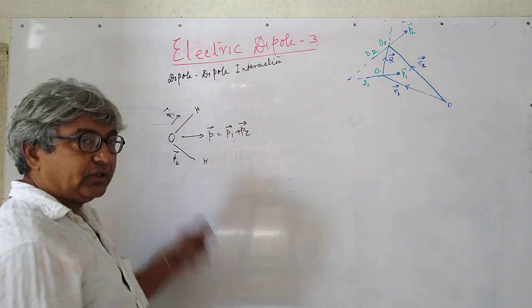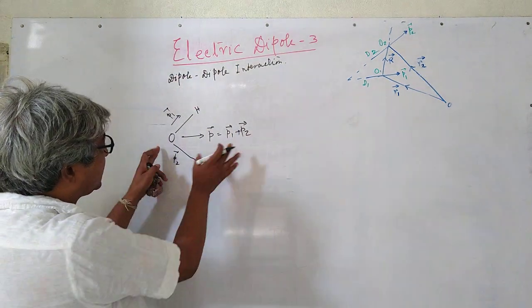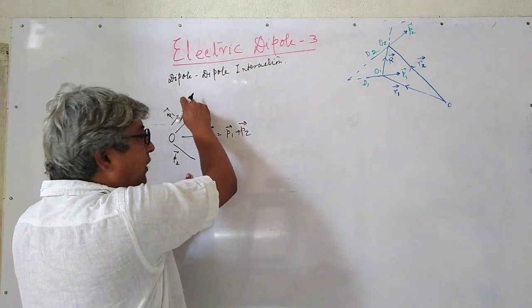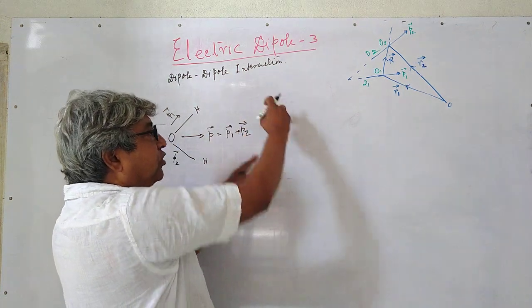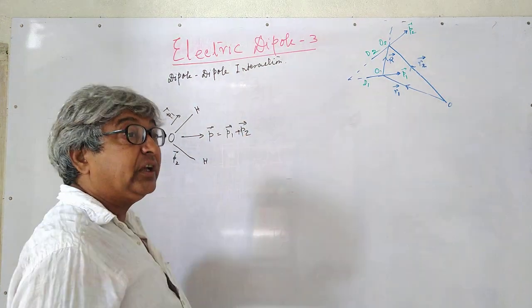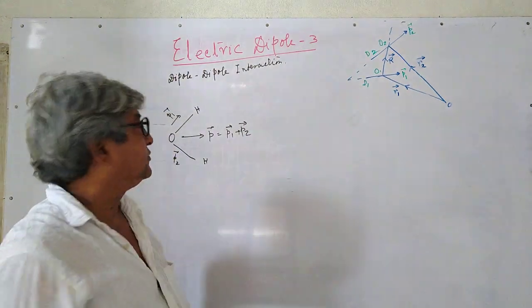A water molecule as a whole is electrically neutral, but when such a water molecule comes in the neighborhood of another water molecule, these two water molecules interact with each other electrostatically. This is the situation.